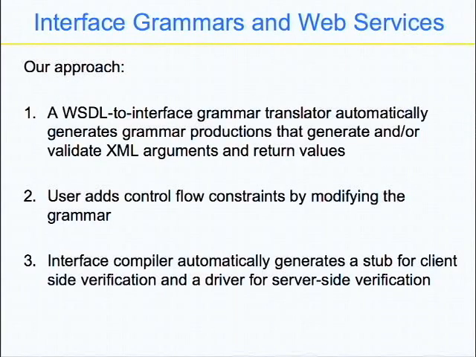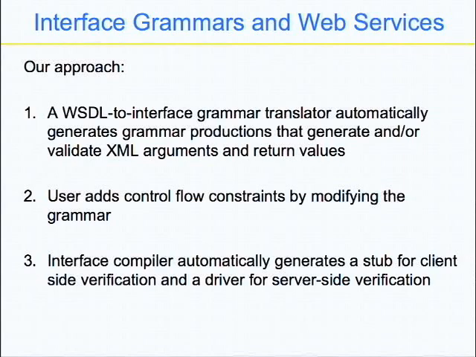So we have 2 steps. It's again semi-automated. From the WSDL, we take the WSDL specification and generate some portion of the interface grammar. That portion is going to check, for example, the types of your arguments, that the XML data you send is correct with respect to the WSDL specification. So it's going to do kind of like XML type checking, okay?